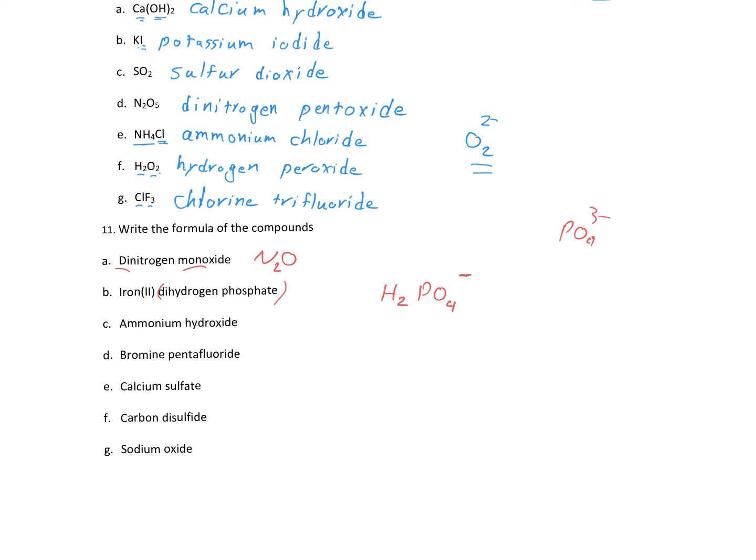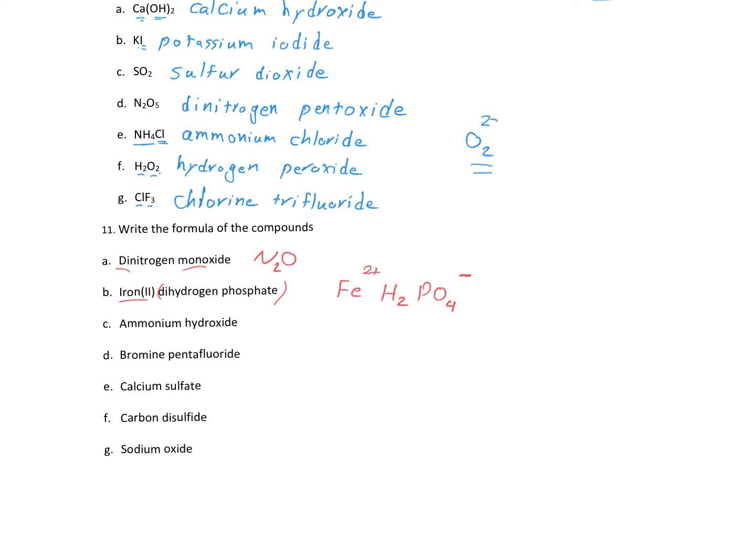You add 2 H plus to it, so you reduce the charge to -1. So that's the dihydrogen phosphate with -1. Always for ionic compounds, write with the charges, and then when you make the compound, you can erase it. And it's iron 2, so Fe2 plus.